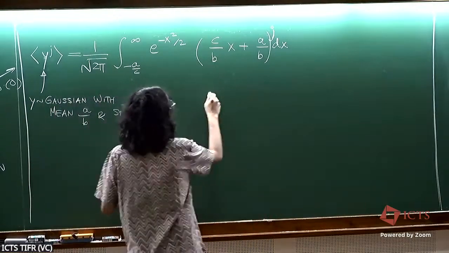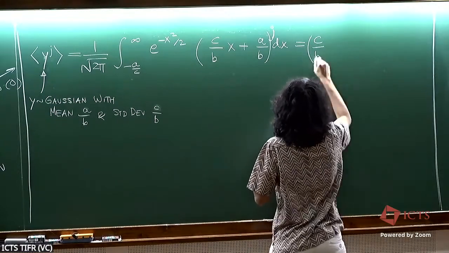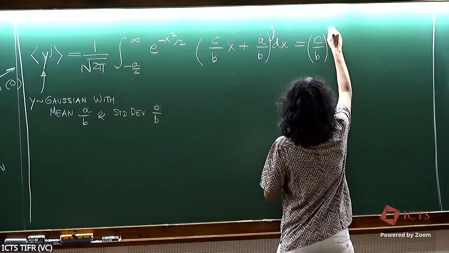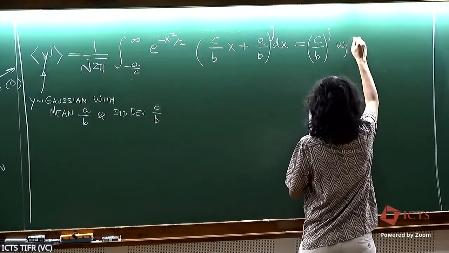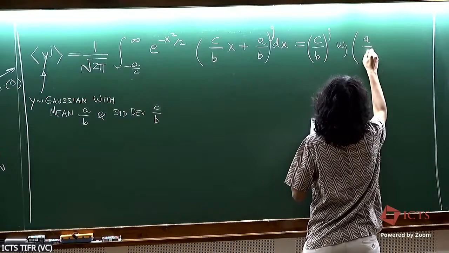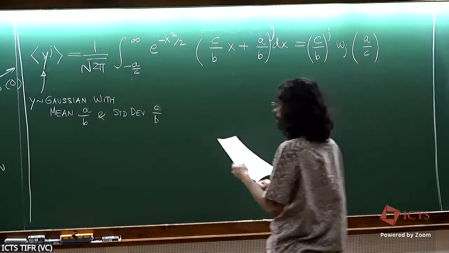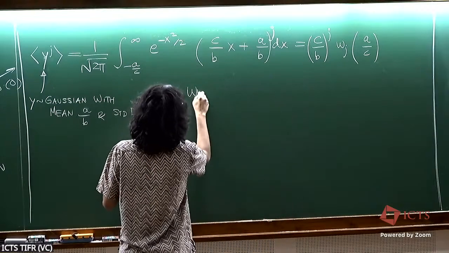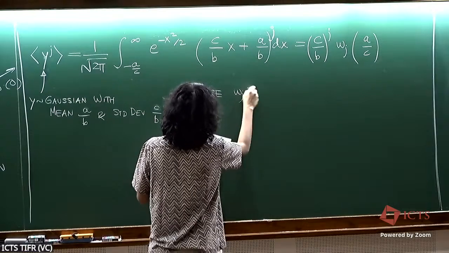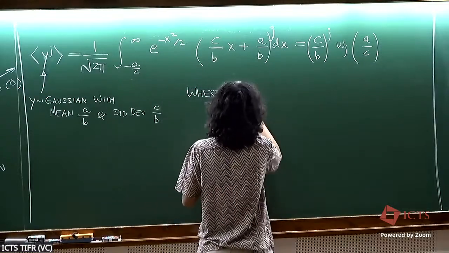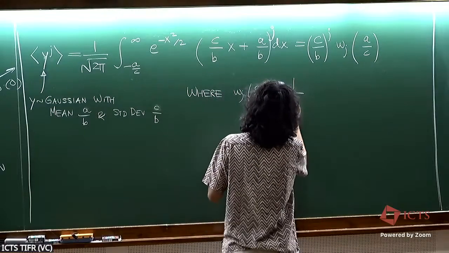And so really you can write this down as C over B to the J times some function which we'll call W, or omega, however you want to call it, some Wj with an argument A over C, where Wj of A over C we'll define to be the following integral.